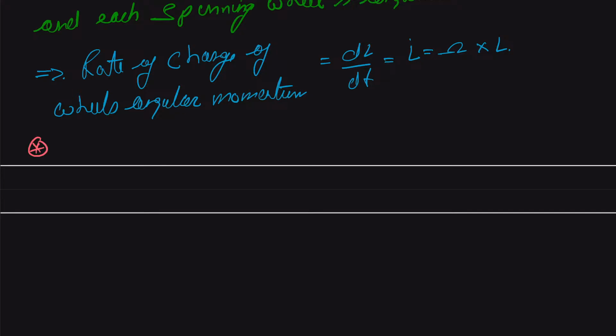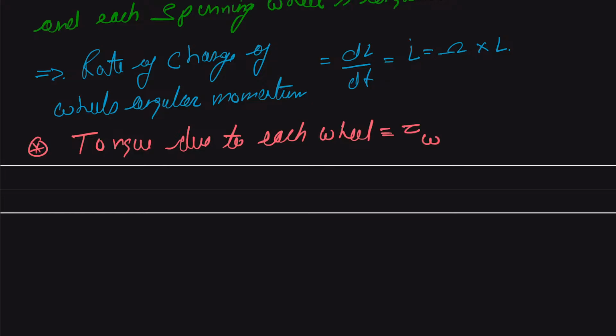So we can say that the torque due to each wheel, let us call this tau W, will be equal to capital Omega times L. And we already know the value of L, so we can write this as capital Omega times I and angular velocity omega.